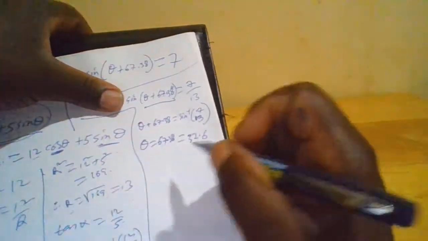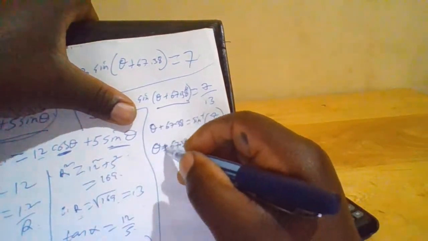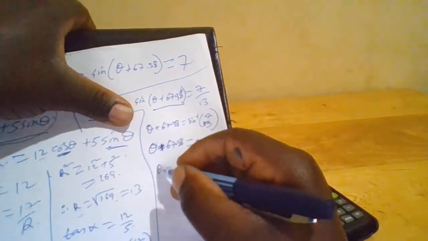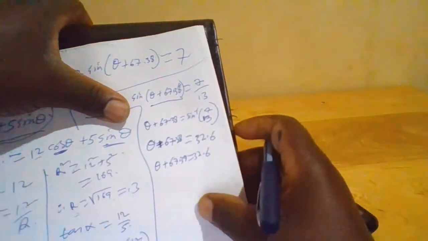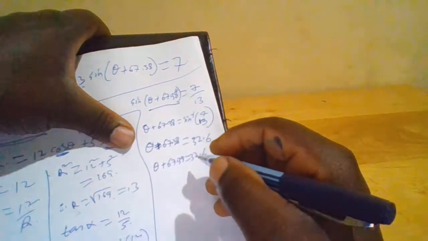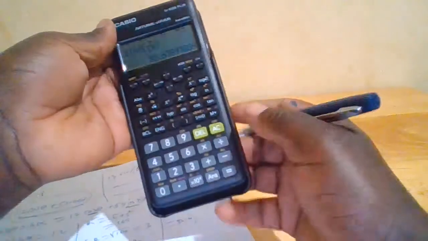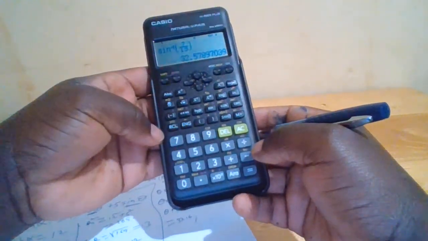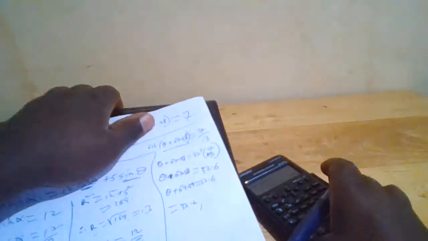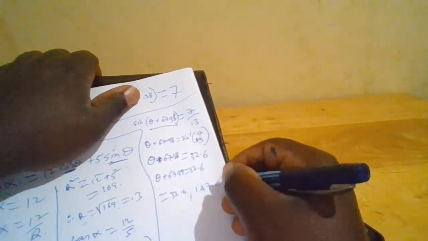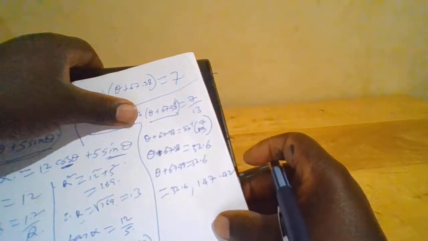So theta plus 67.38 equals 32.6. Another value will be 180 minus 32.6, so we have 147.42.